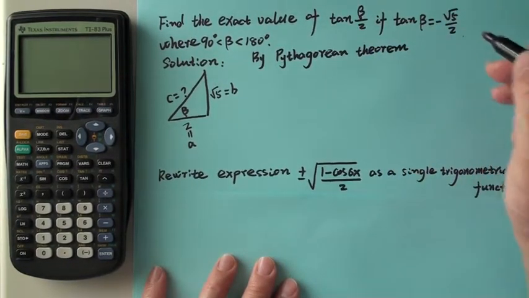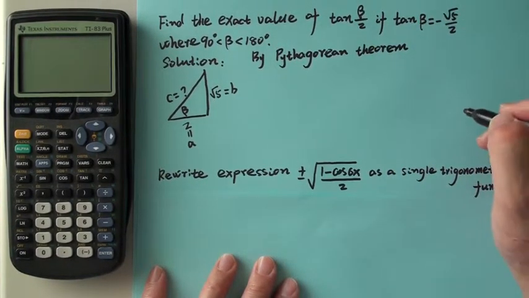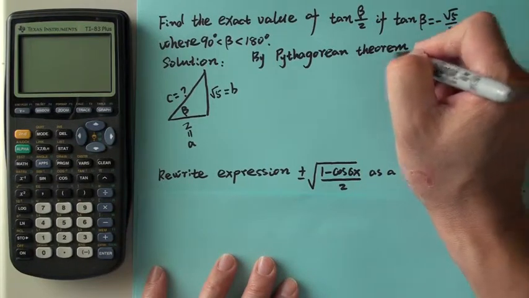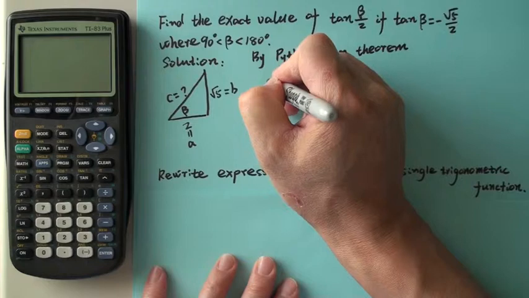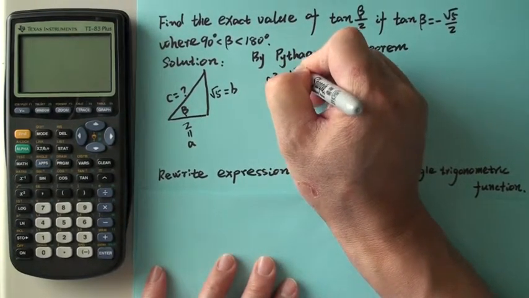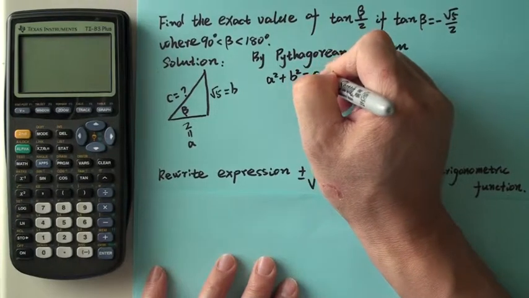What do we have? a squared plus b squared equals c squared.